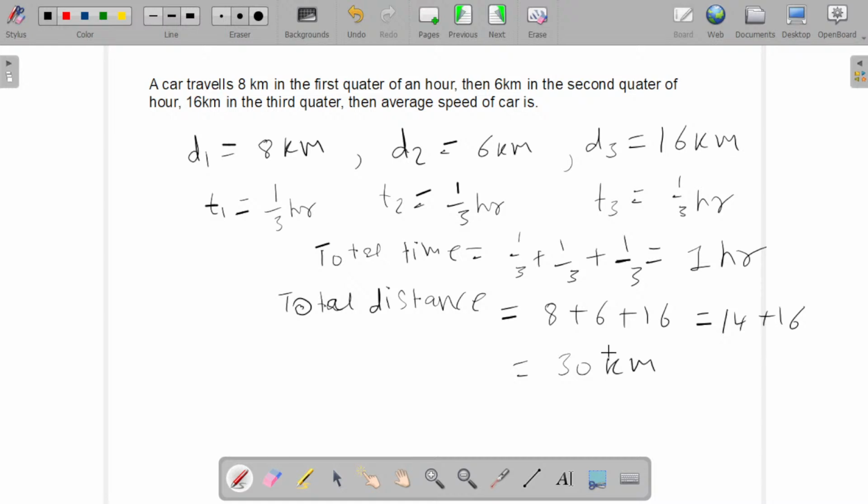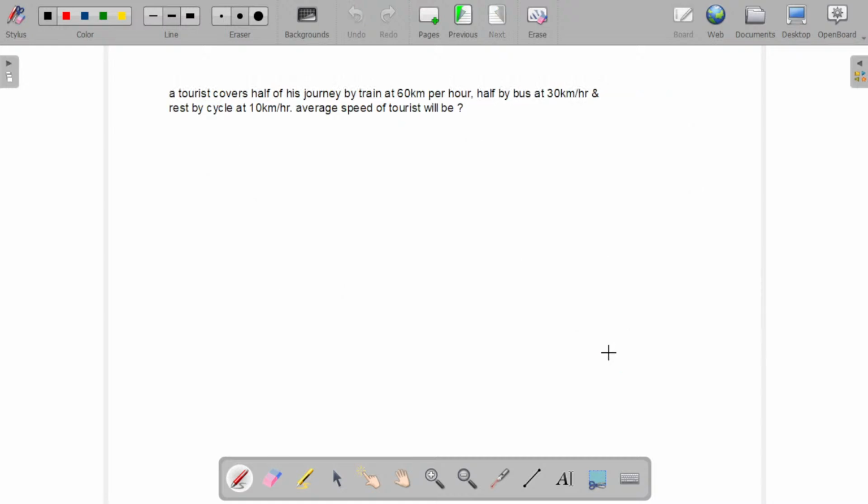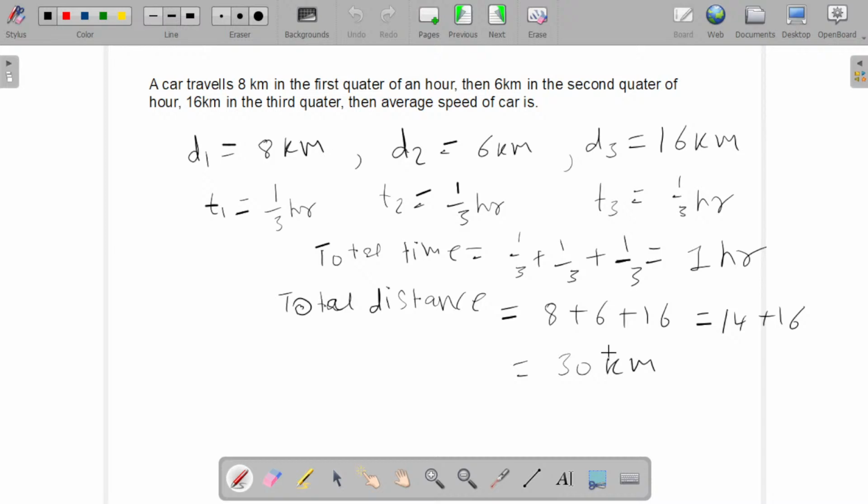So average speed can be found by, let's solve here.